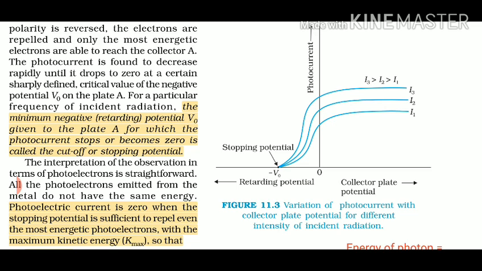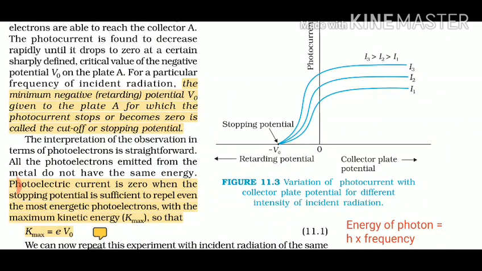So the value of potential at which photocurrent stops or becomes zero is called the cutoff or stopping potential. It is denoted by V0. Why is the negative sign there? Because it is lying on the left hand side, so obviously it will have a negative sign.